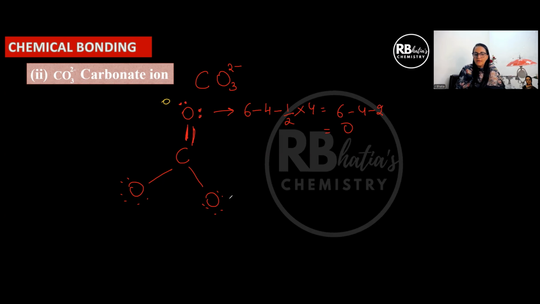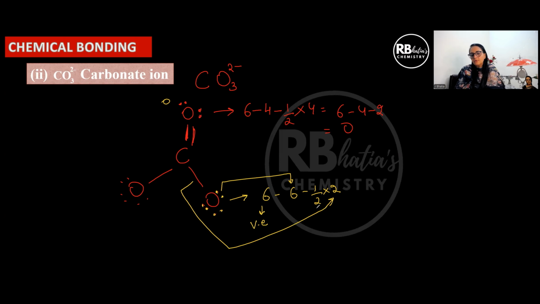We don't even need to write. This oxygen is going to have 6 minus half of 2. Why 6? This 6, 2, 4, and 6, right? This is the valence electrons in oxygen, and this is what is giving you the 2 electrons. When you solve this, you're going to get 6 minus 6, 0, and this is -1, right?